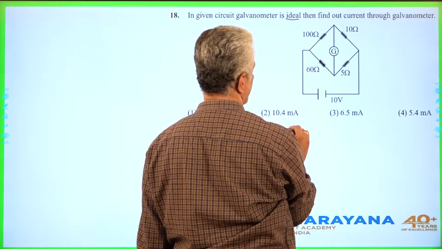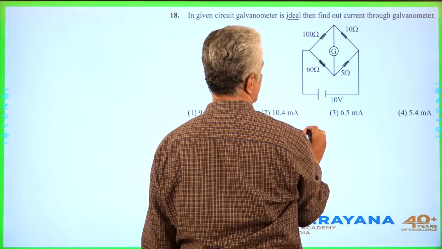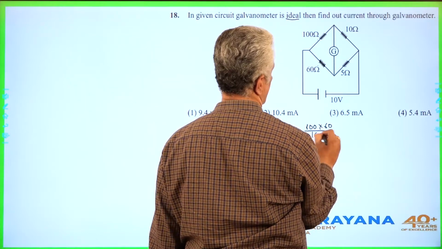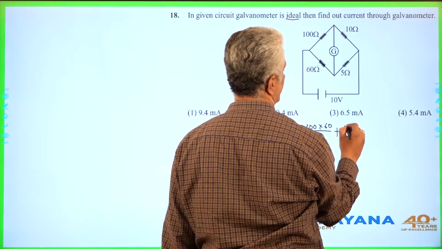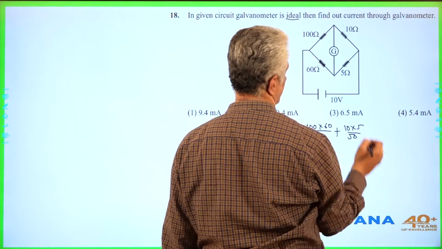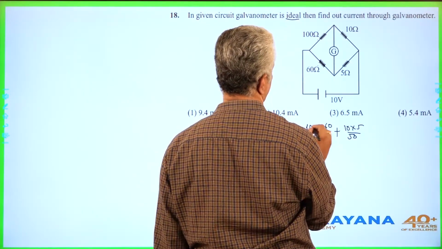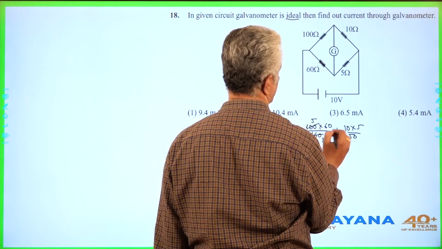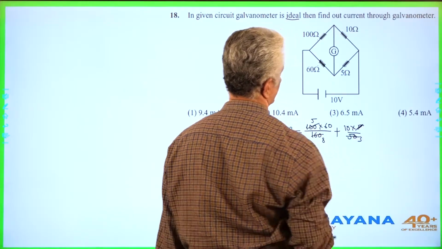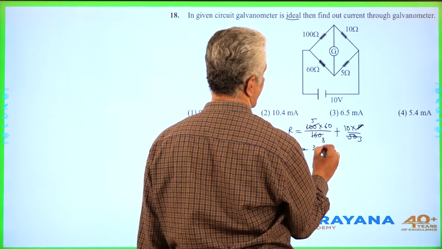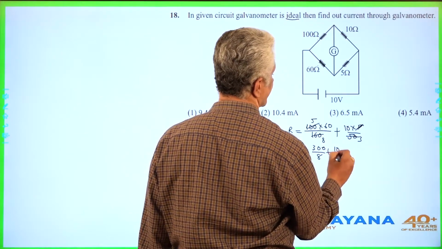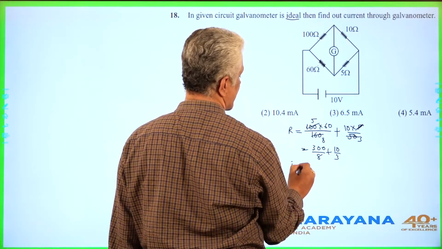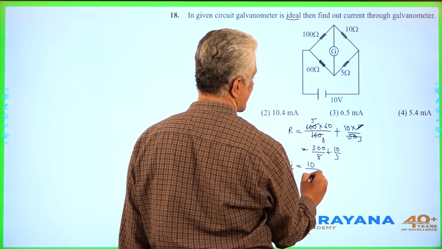Then total resistance will be product by sum, that is 100 into 60 by 160, plus this product by sum, 10 into 5 by 15. That becomes totally 20 cancel by 5 and 8, 3, and this is 300 by 8 plus 10 by 3. Based on this, we can calculate how much current will come, that is 10 by whatever R value we get.